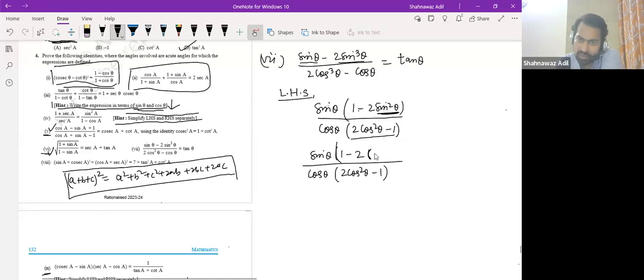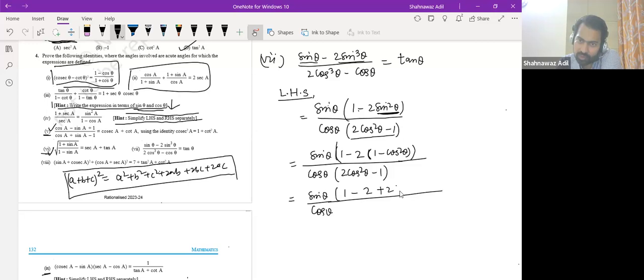So this is 1 minus cos square theta, right? Now we have to simplify this further. This is sine theta by cos theta, and then this is 1 minus 2 cos square theta plus... and this is 2 cos square theta minus 1. So this is sine theta.